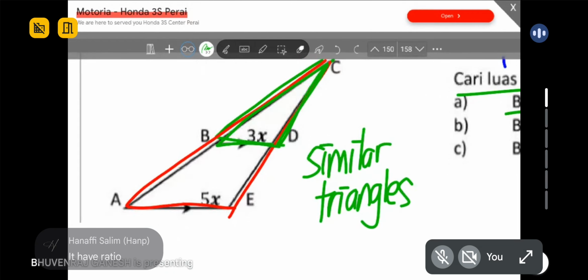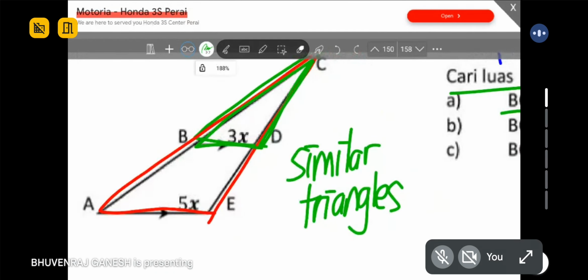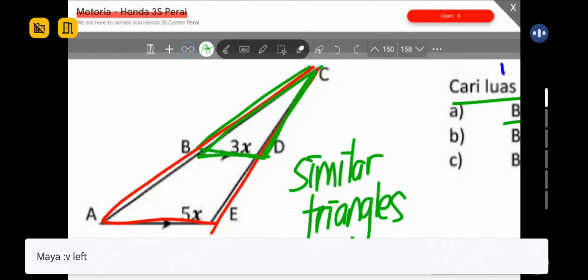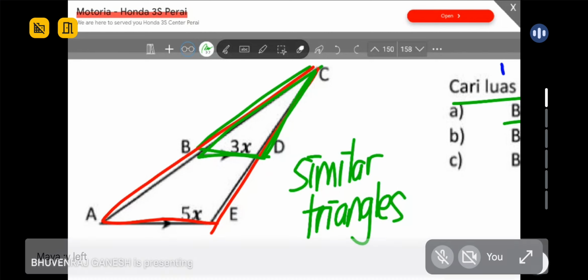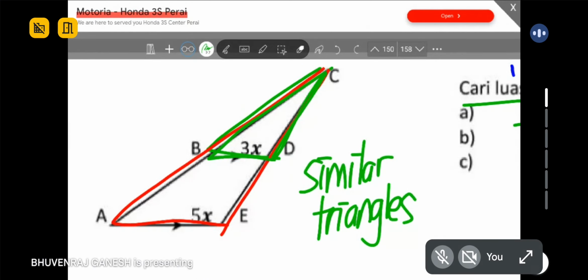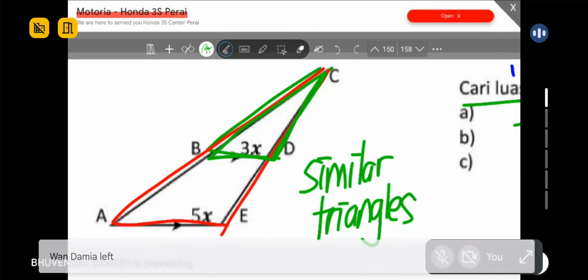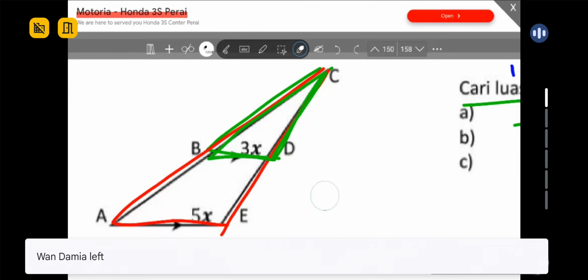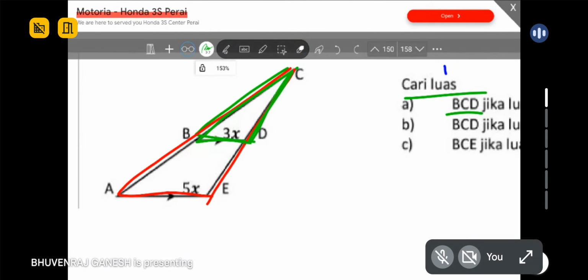There is a ratio in similar triangles. You see a smaller triangle inside a larger triangle, that is a similar triangle. Segitiga kecil dalam segitiga yang besar, itu konsep segitiga serupa. Alright? So that is the concept. So how do we solve the question? Very simple.